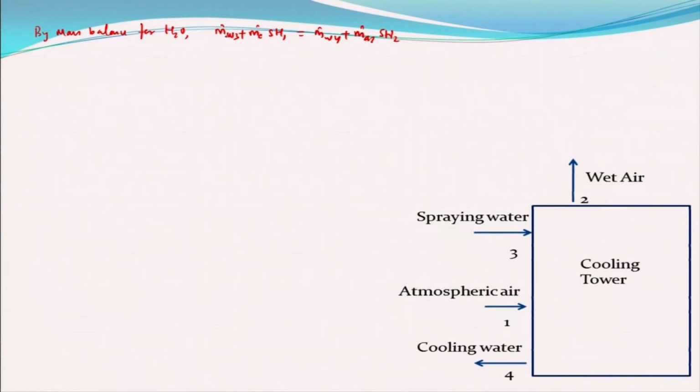So if you look at what is MW3, MW3 is nothing but 1200, plus M dot A, and SH1 is given 0.01225, I am using kg of water per kg of dry air, is equal to MW4 plus MA into 0.027, that is SH2. So you can use this equation 1.